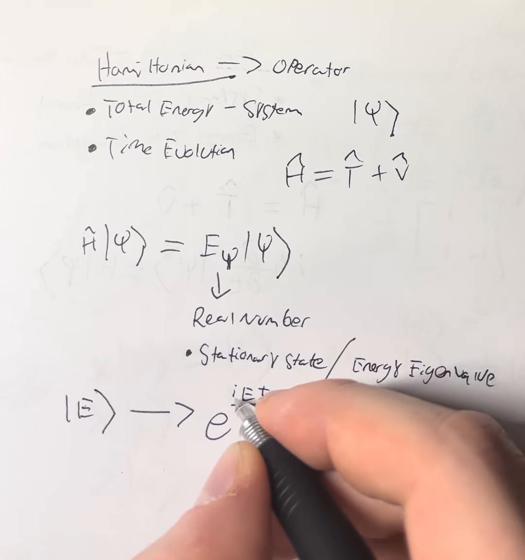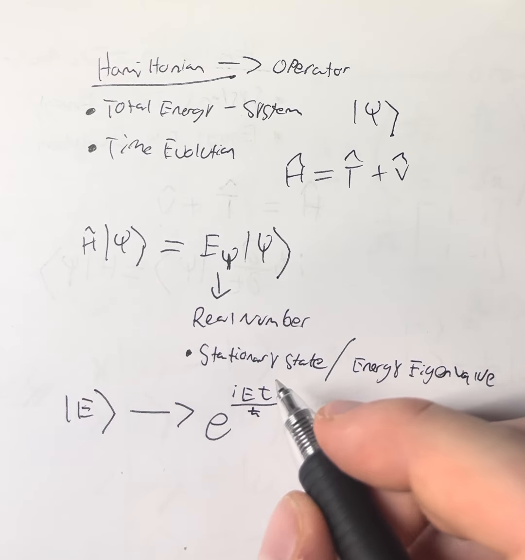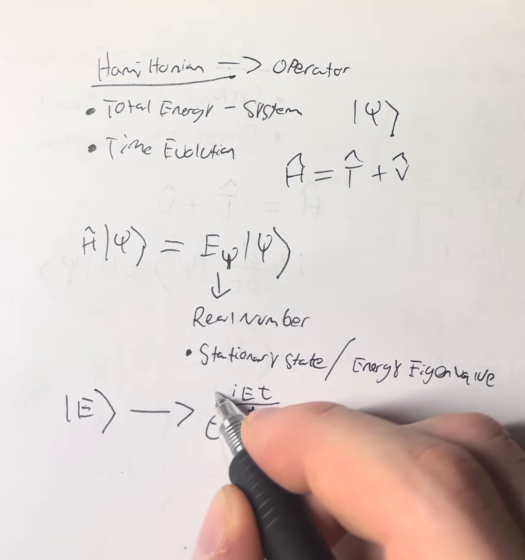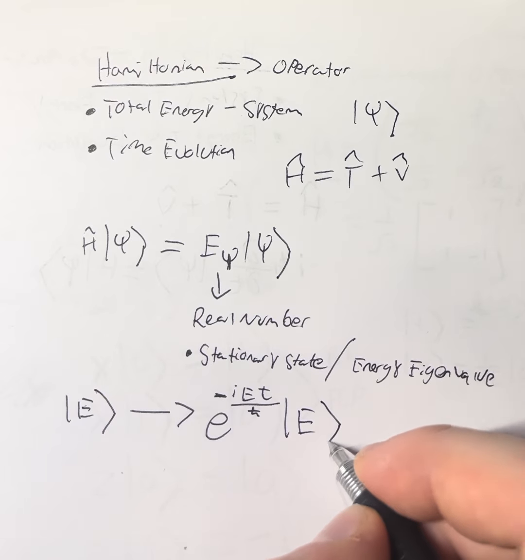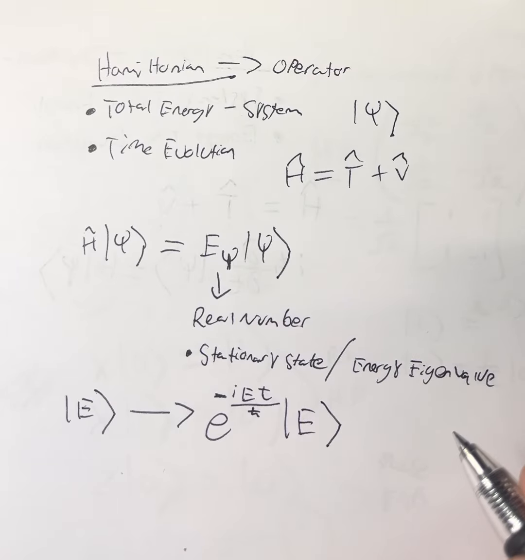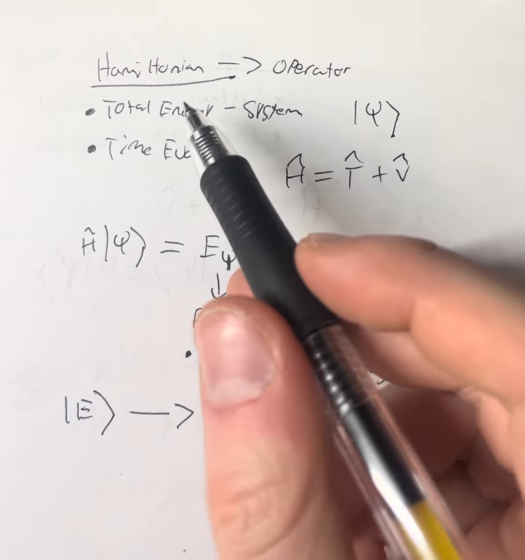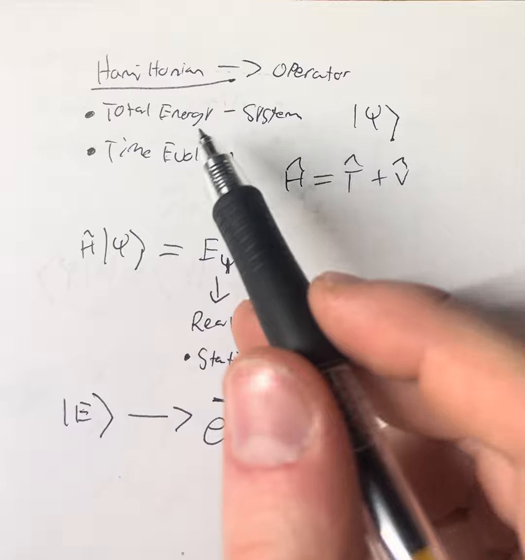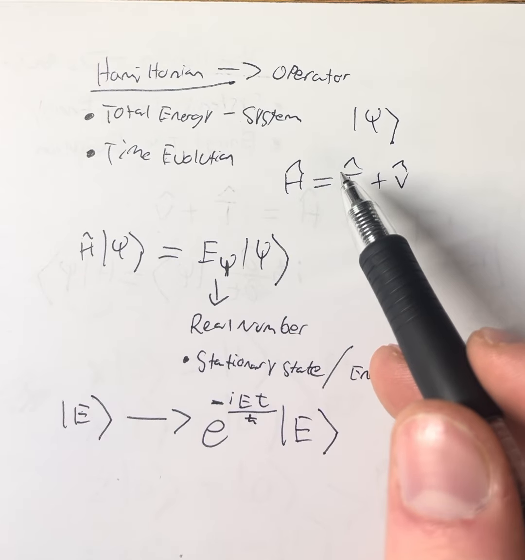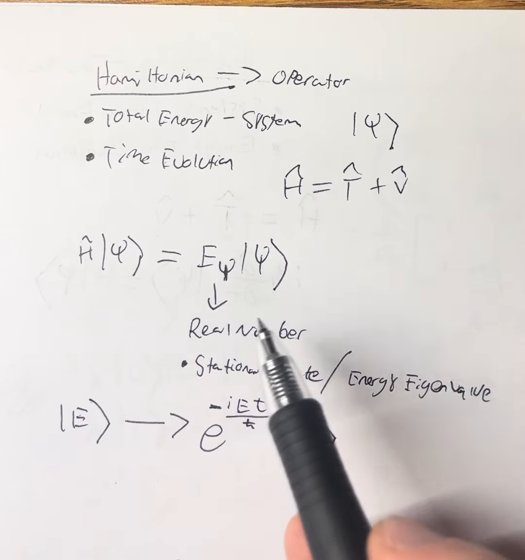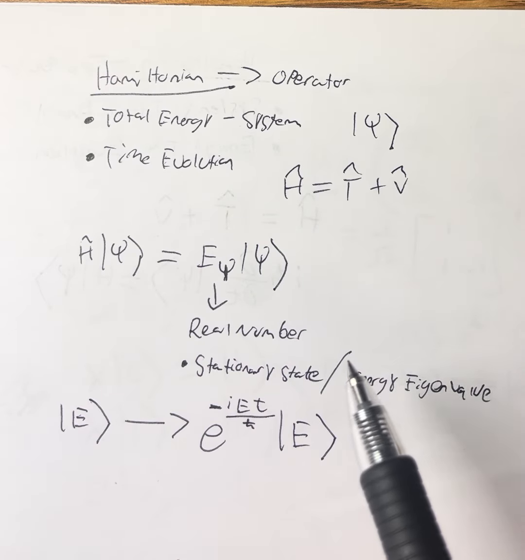Now, t is time, E is your previous energy, and i is your imaginary number. Now, this has a negative sign. The specifics of this aren't really relevant, but just know that the Hamiltonian as an operator represents the total energy of your system and how it evolves over time. And it can be thought of as a solution to this equation here.